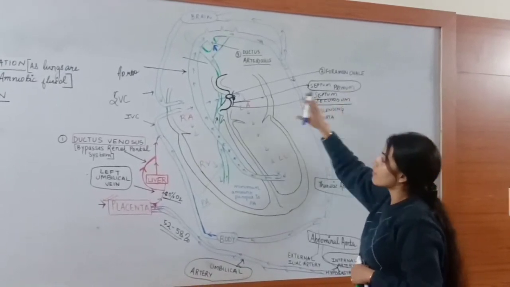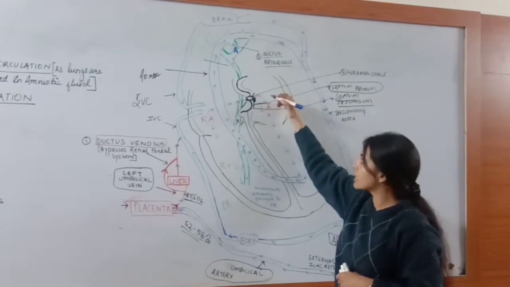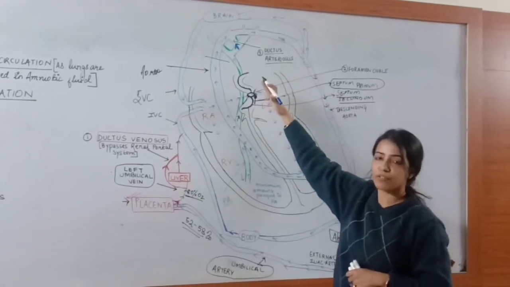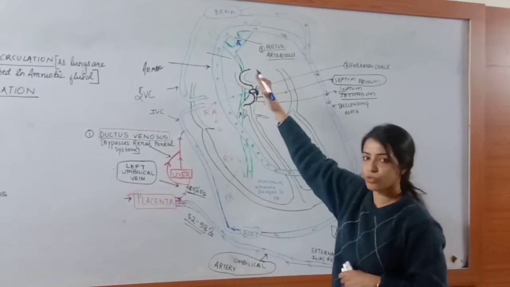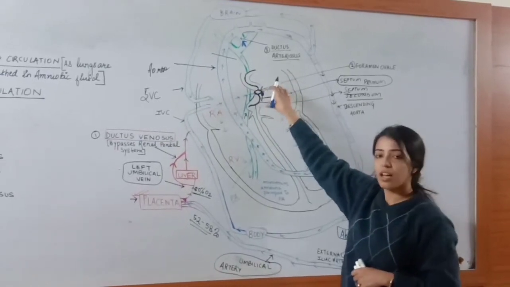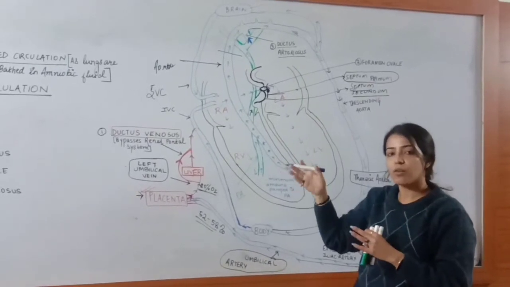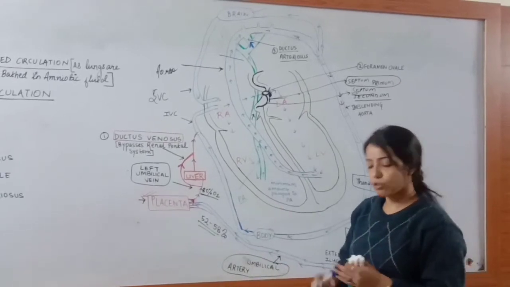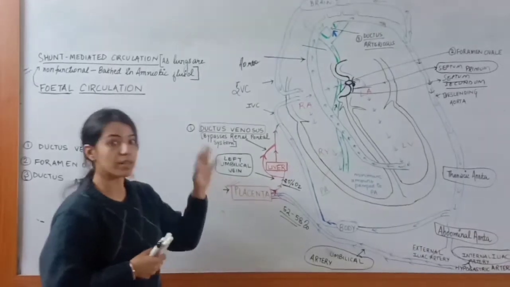So what happens is that with the pressure over here, this septum primum is going to just fall on top of the foramen ovale. Okay, and this is going to close. But this actually occurs physiologically, it will occur after the birth. Okay, and anatomically, it takes about 1 year to close completely.